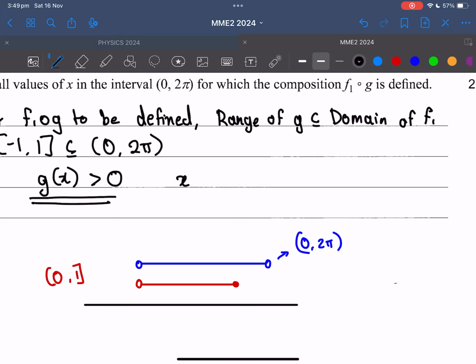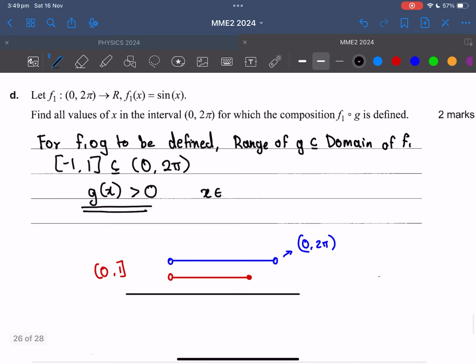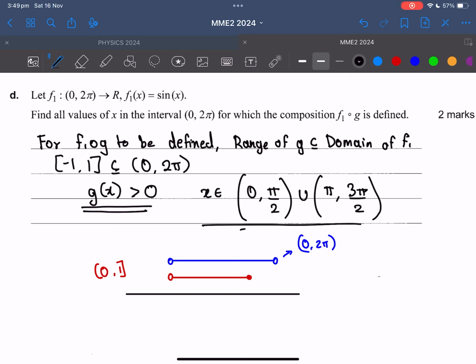So hence our x values are basically going to be from 0 to pi on 2, and then including pi to 3 pi on 2. Okay, that should be our answer for this question. Hopefully this made sense, right?